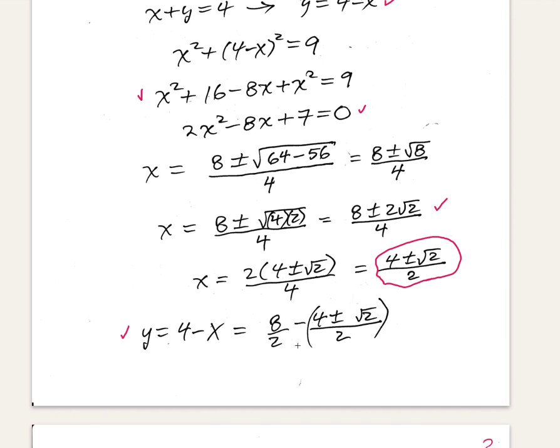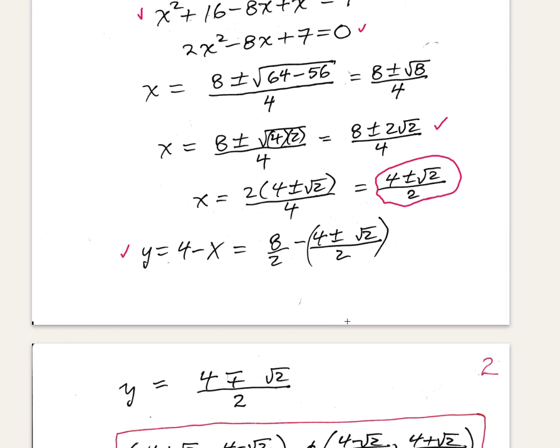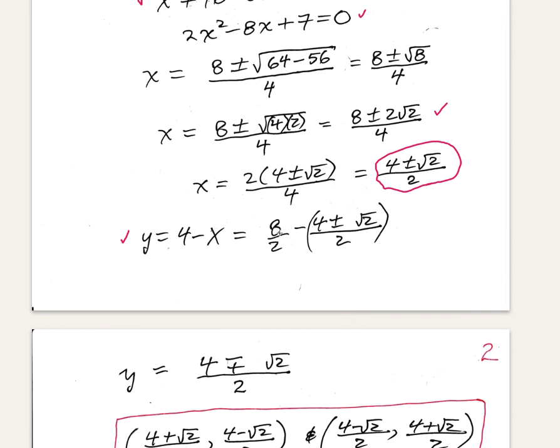So I'm doing 2 at once, really. You're just going to use the distributive property because I've got a common denominator. And 8 minus 4 is 4. But that negative sign distributes through the plus or minus and becomes minus or plus, so I've got 4 minus or plus the square root of 2 over 2.